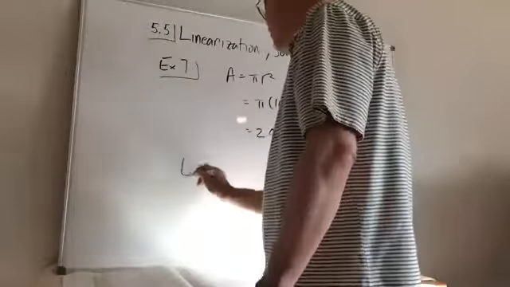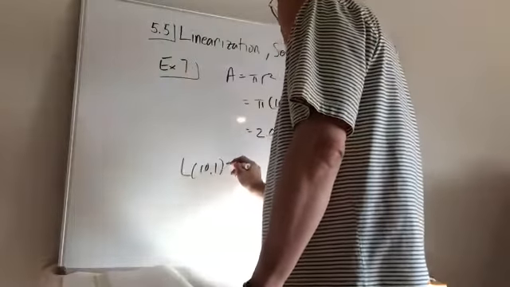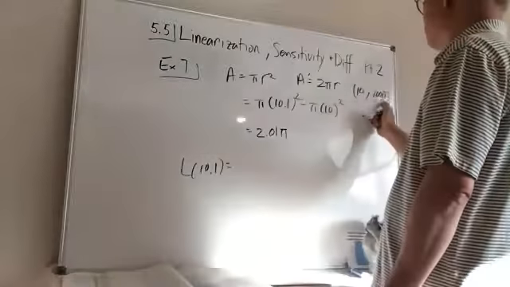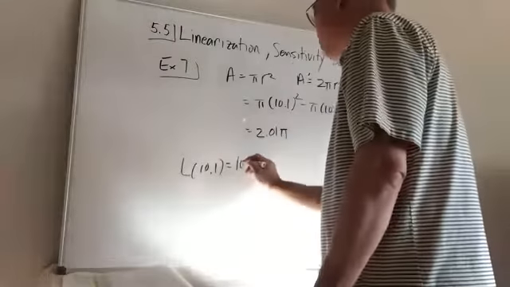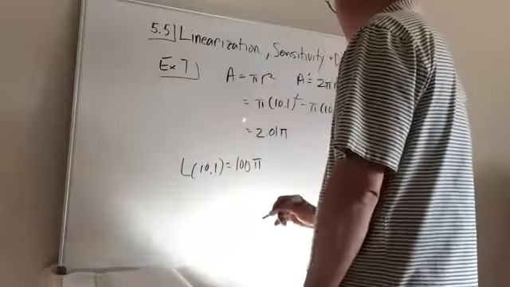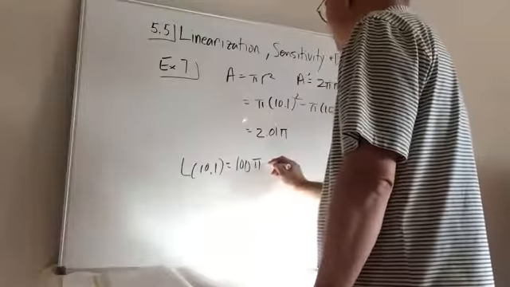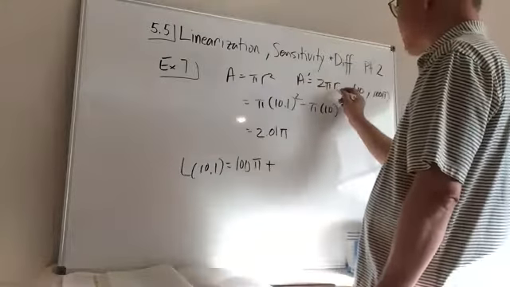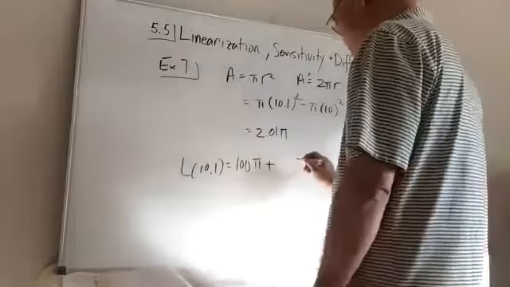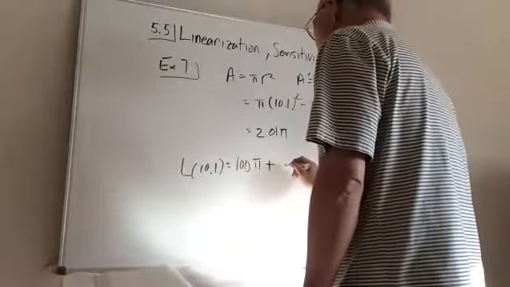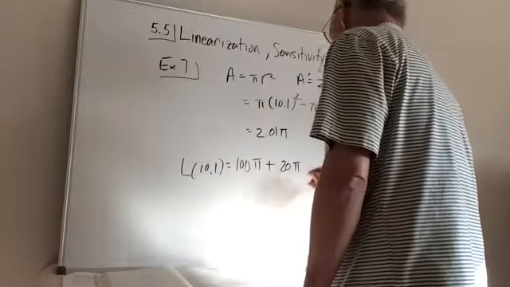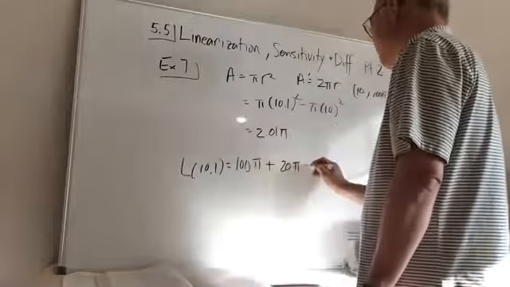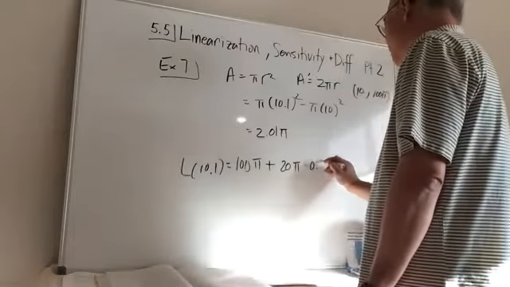So the linear approximation at 10.1 is going to be 100 pi plus this derivative evaluated at 10, which is 20 pi, times delta r, which is 0.1.